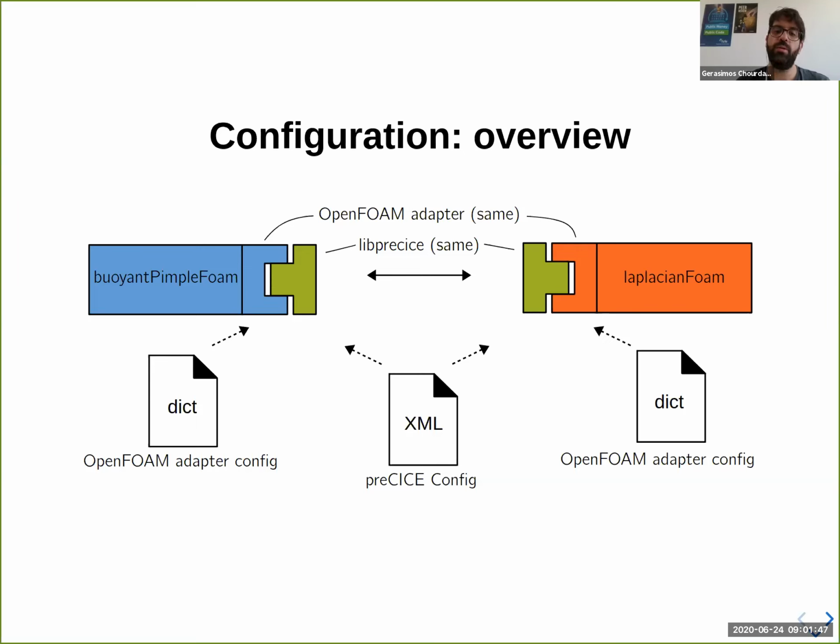And in the middle, we also have preCICE that has this XML file that contains all the coupling configuration for both participants. Note here that if you are looking at older tutorials, this OpenFOAM adapter config used to be a YAML file, that this has recently changed.